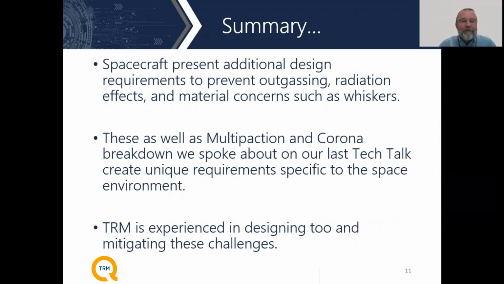So I think the summary here is that spacecraft present very unique applications and requirements, really, as far as what we need. For example, outgassing. I spoke a little bit about what outgassing was, but I didn't really say why it's important.